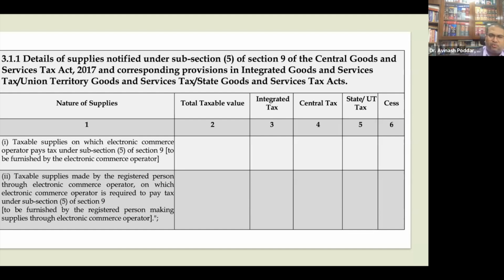And then clause 2, it says taxable supplies made by the registered person through electronic commerce operator. So these are the transactions wherein I am making a supply through electronic commerce operator on which the electronic commerce operator is required to pay tax under subsection 9.